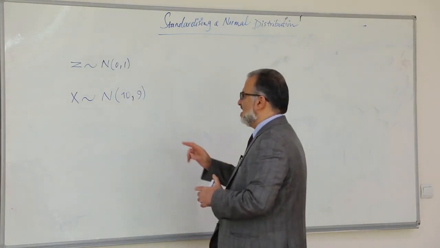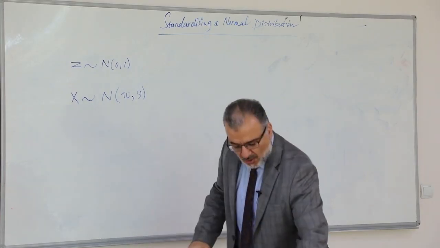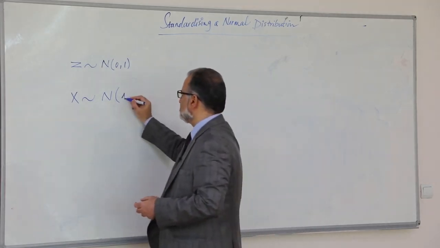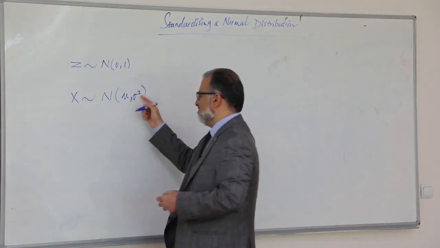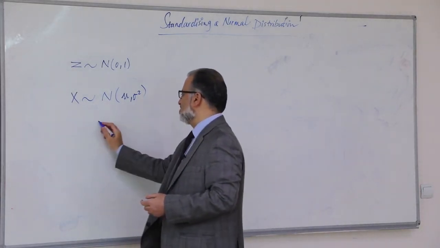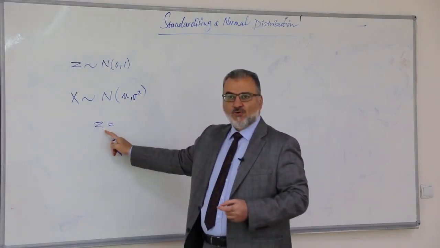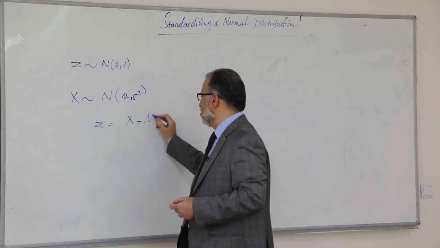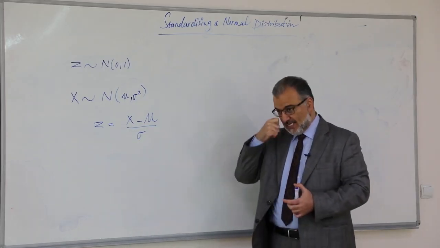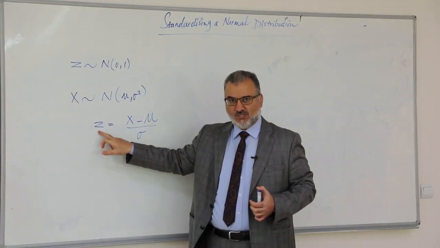If we have a continuous random variable that follows a normal distribution with any value of mu, the mean, and any value of variance, then in order to go through the standardization, Z will be x minus mu over sigma.